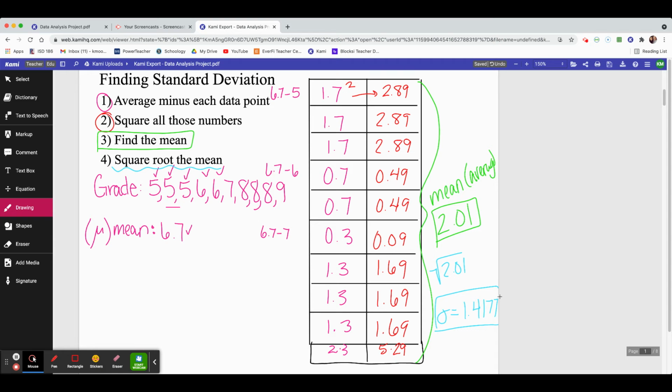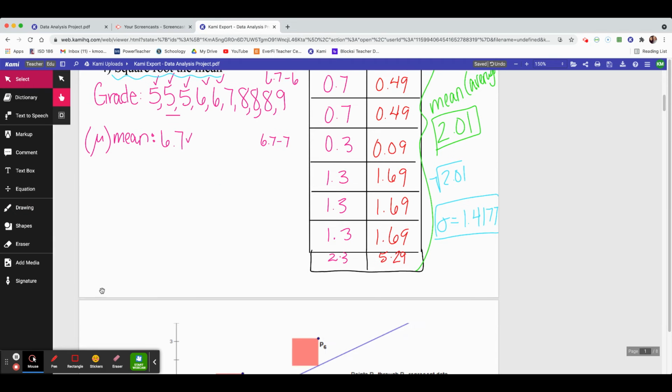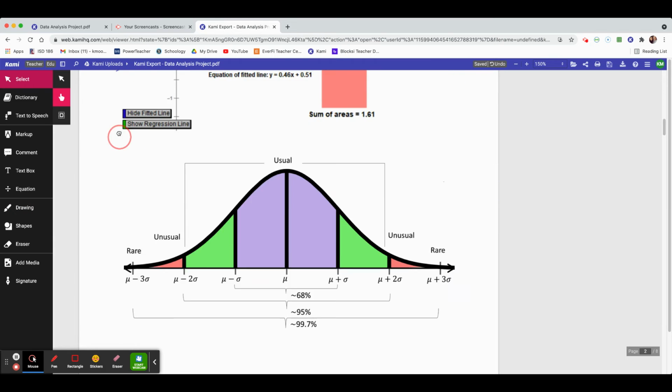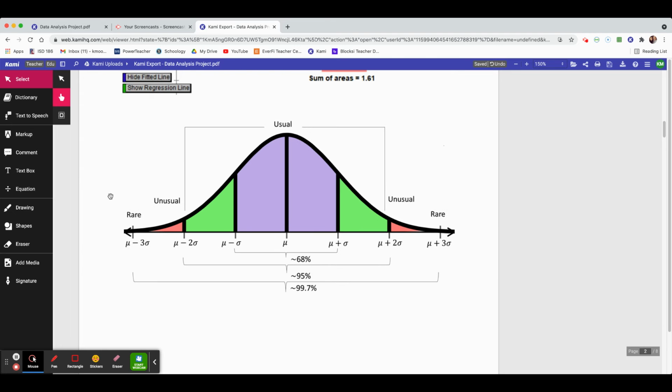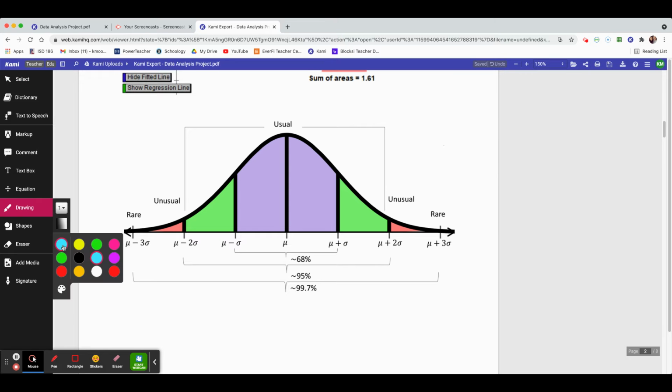But what that is really doing, and what the whole point of standard deviation is, down here, if you look, you might have heard this before, like bell curve. And so what it's doing is it's putting words to your data. And so we have these type of words. We have usual, rare, and unusual.